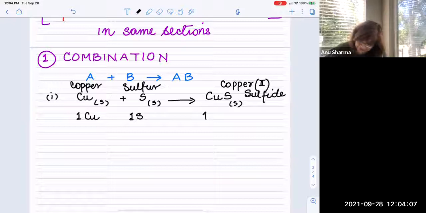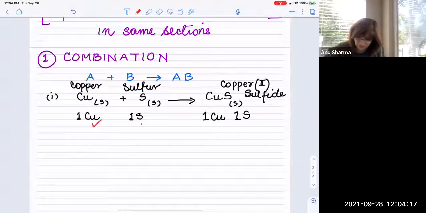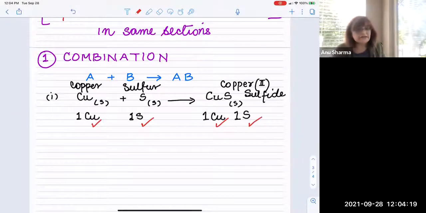So here also we see one atom of copper is fused with one atom of sulfur, and this is a stable molecule. So we see on either side 1, 1, 1, and 1, balanced.